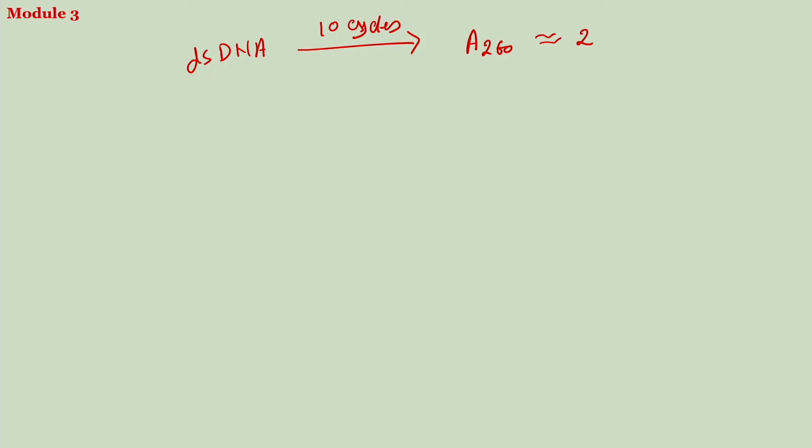Now, the question is, if at the beginning you have the absorbance we call A1, and this is now A2, then what was A1?